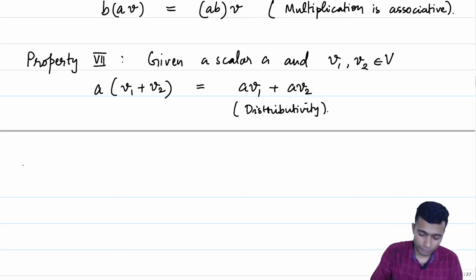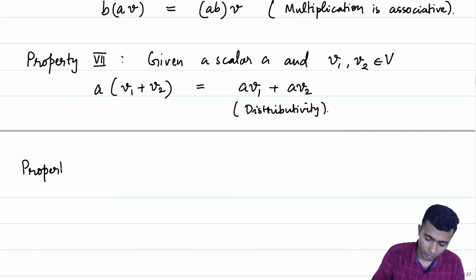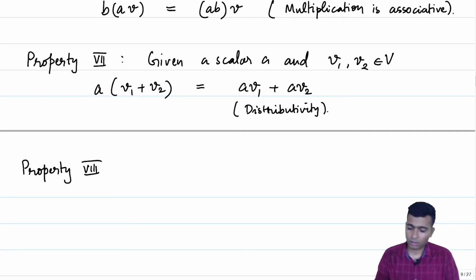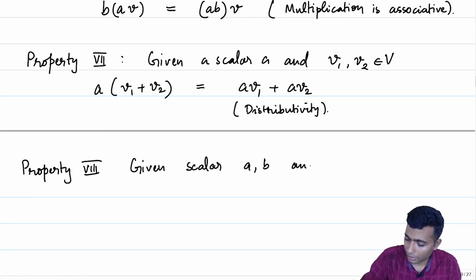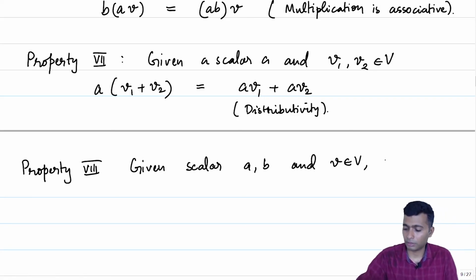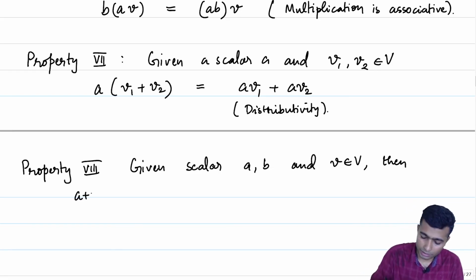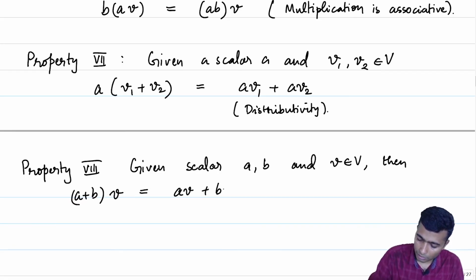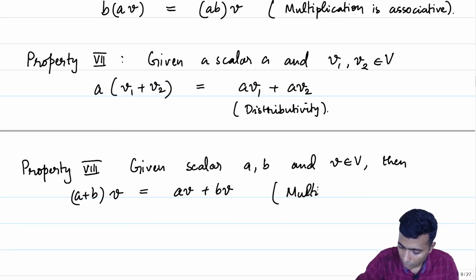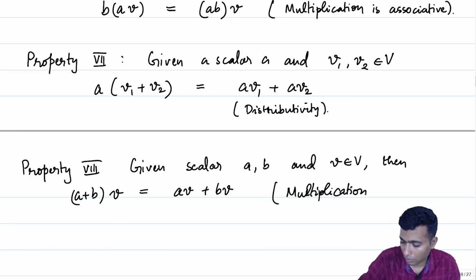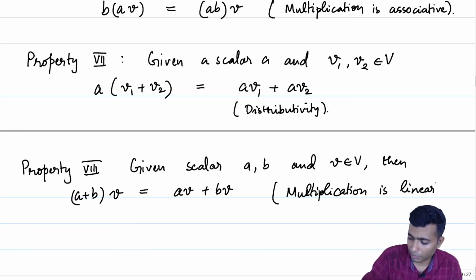And finally, the final property states that our multiplication is linear. So, given scalars a and b, and let v be in capital V, then (a plus b) times v is equal to a v plus b v. So, what is this property telling us?